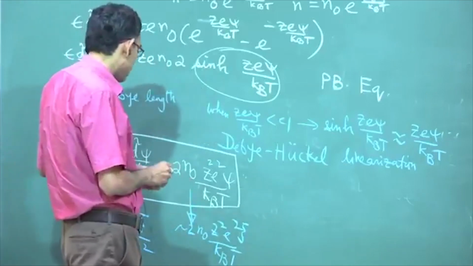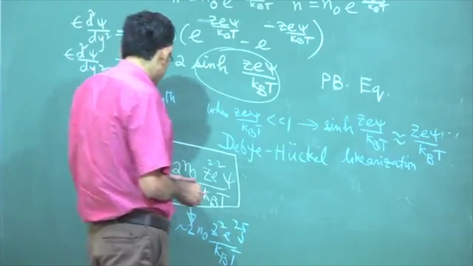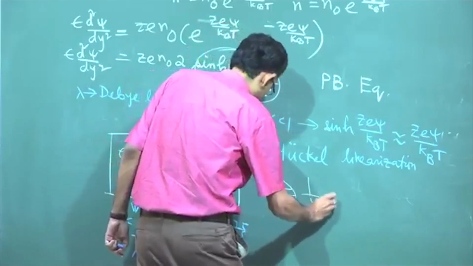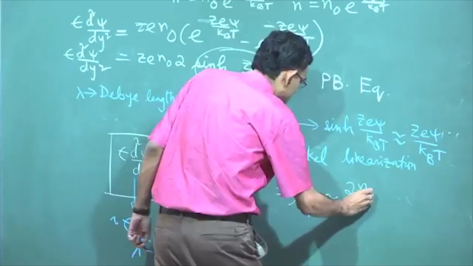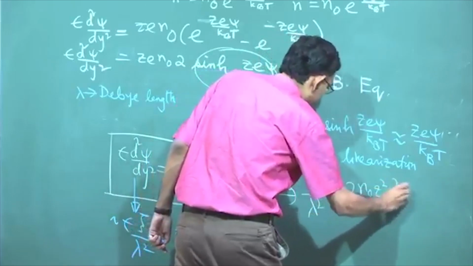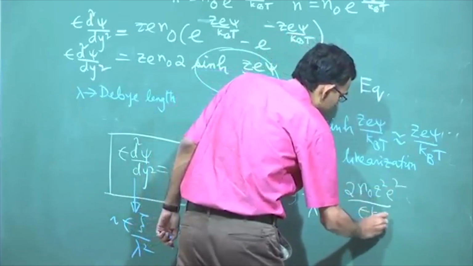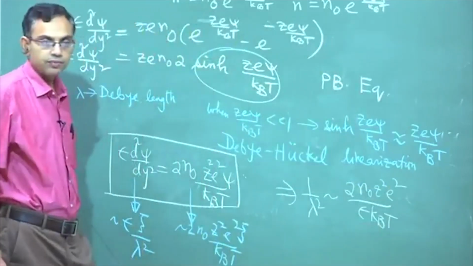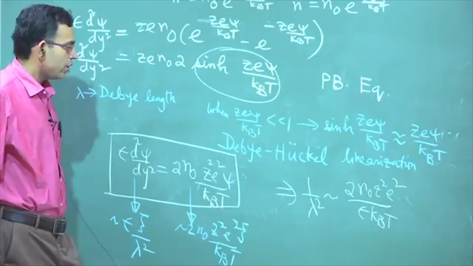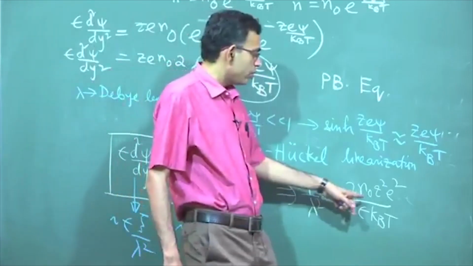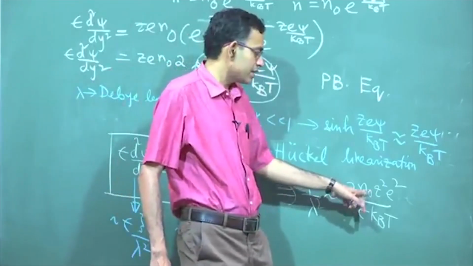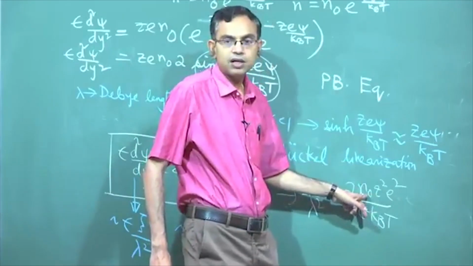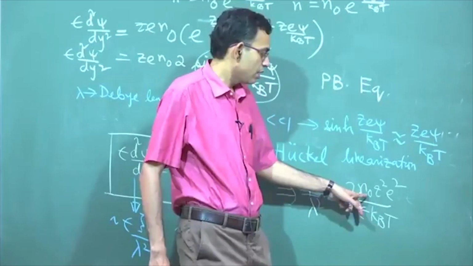So from here, since these two terms are equated, we can write 1 by lambda square is of the order of 2 n0 z square E square by epsilon kBT. In this, you can vary n0, which is the concentration of the salt solution.